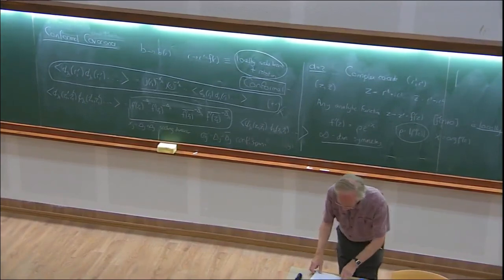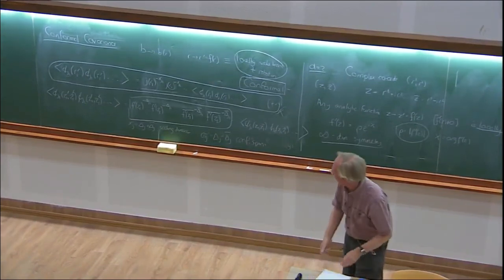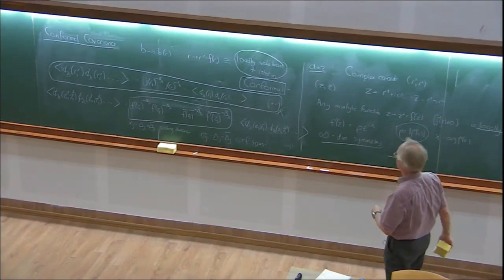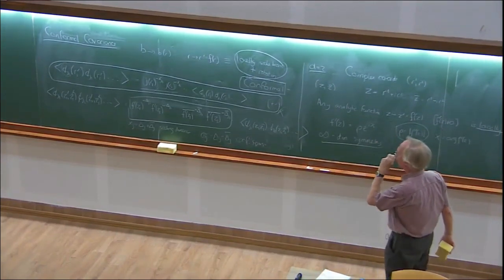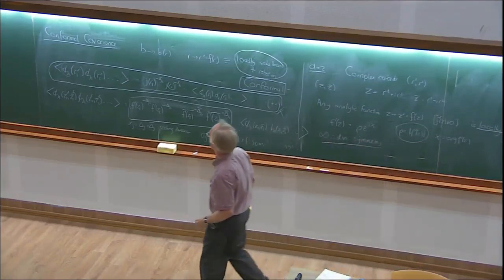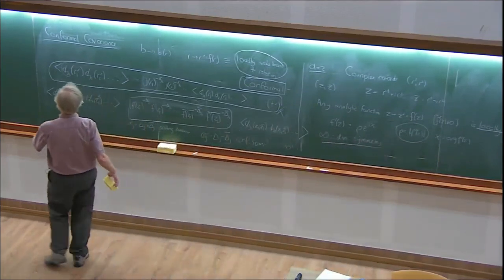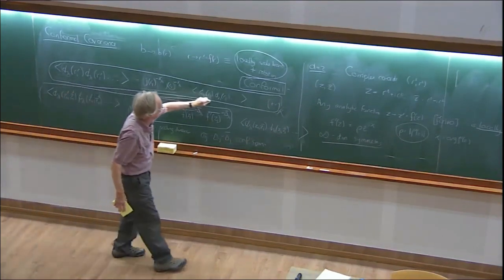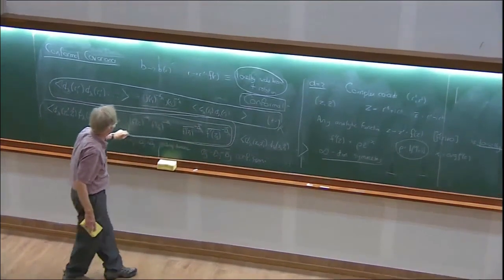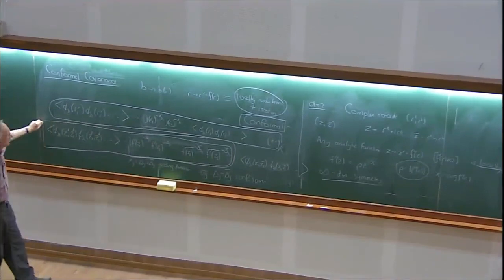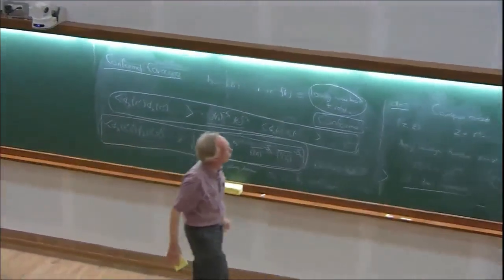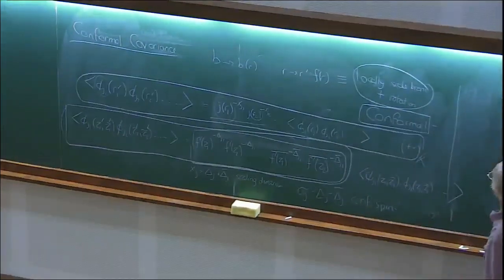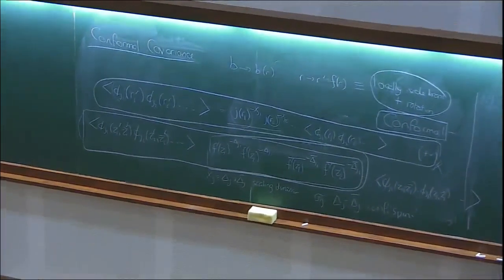So what I'd like to do is a little calculation now, which is an example of an application of this mapping here. We're going to look at a particular conformal transformation which is going to tell us about correlation functions on the cylinder.